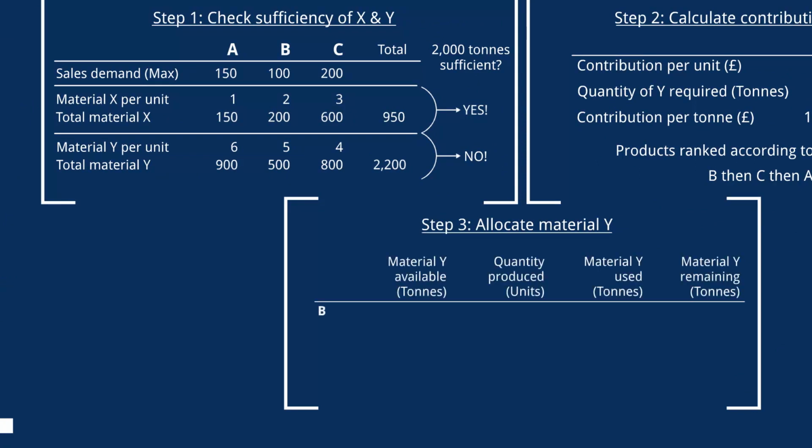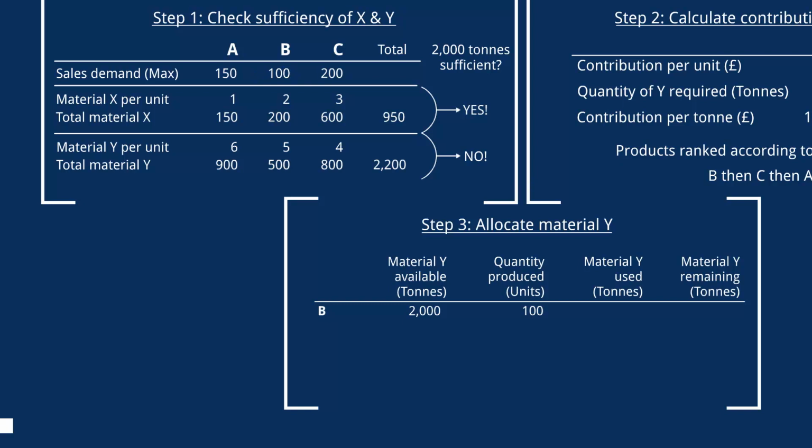We look at our different products, starting with product B, as we know we're going to produce product B first. We have 2,000 tons available. That's the most that we have available. We're looking to produce all the product Bs that we can, and we've got 100 units, as that is our maximum sales demand.